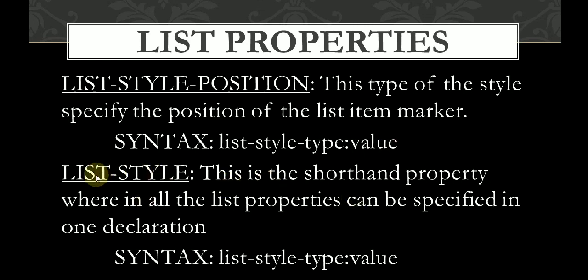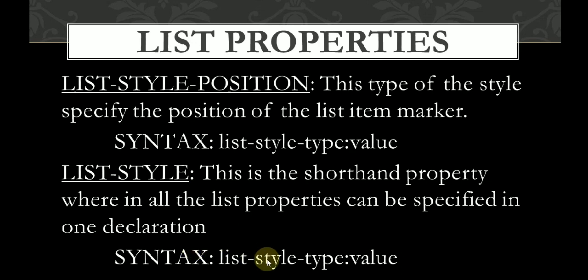Now the last one is the master type of the list property. With this you can specify everything. It is a shorthand property wherein all the list properties can be specified in one declaration. With the help of this property, you can specify all the things within a single declaration.